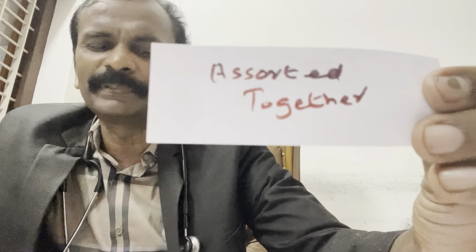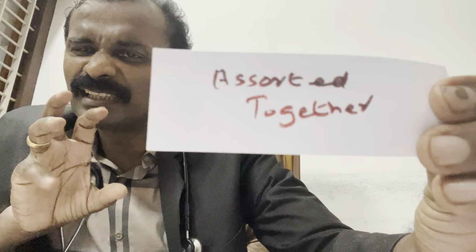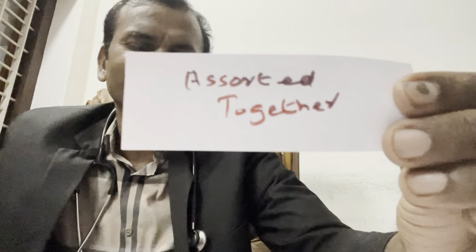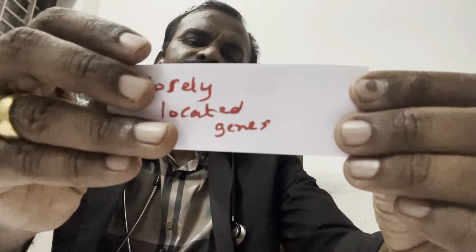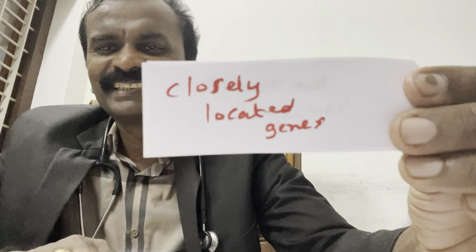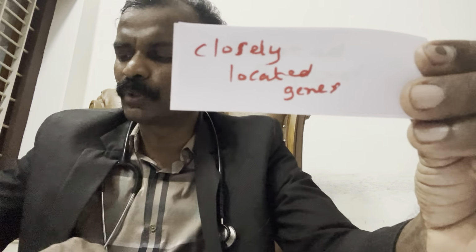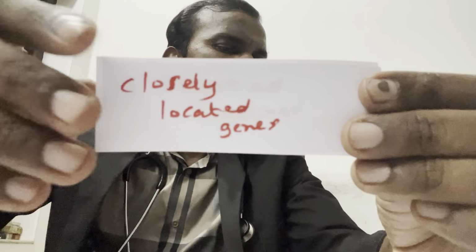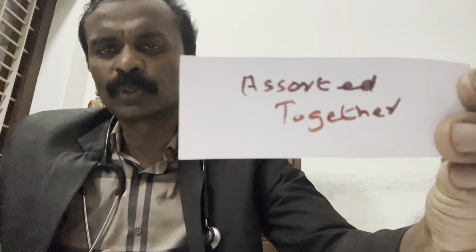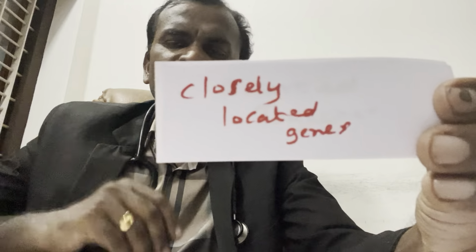Assorted together is for what? It is for closely located genes.